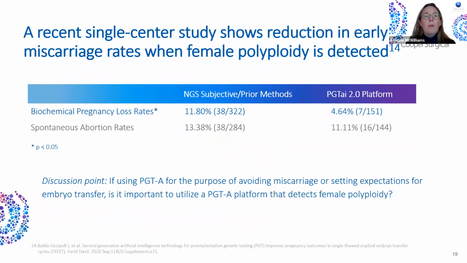Which further brings up the question of, as PGTA technology continues to improve and we become able to detect events such as female polyploidy, do PGTA outcomes improve?